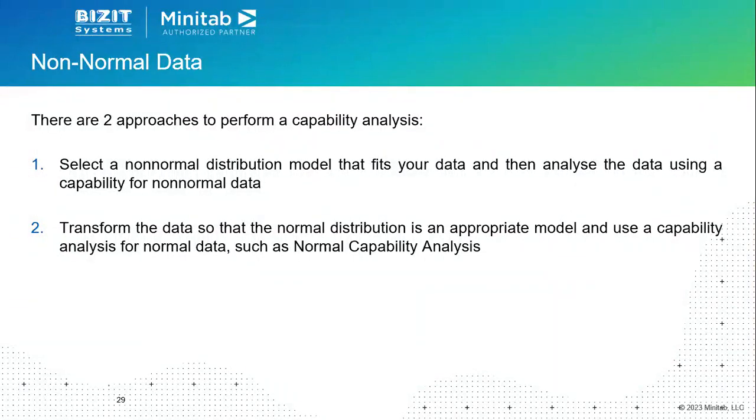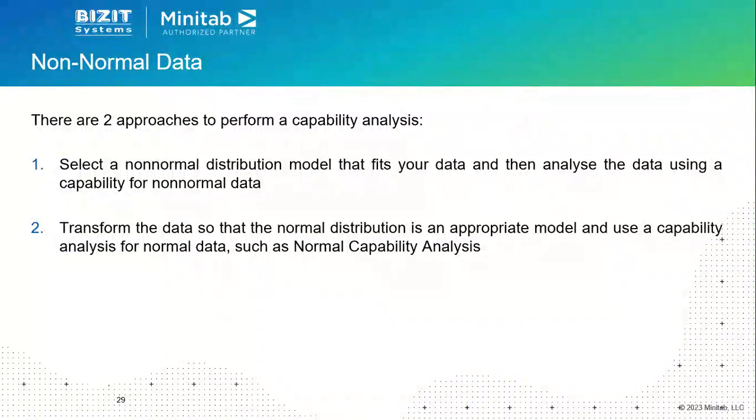The first approach is you can select a non-normal distribution, or you fit your distribution and then analyze it as the traditional way, like I just used. Just now I showed the capability analysis and chose normal since my data is normal.